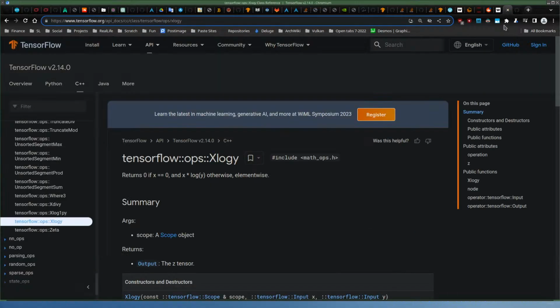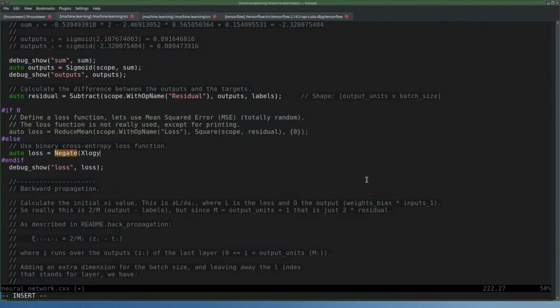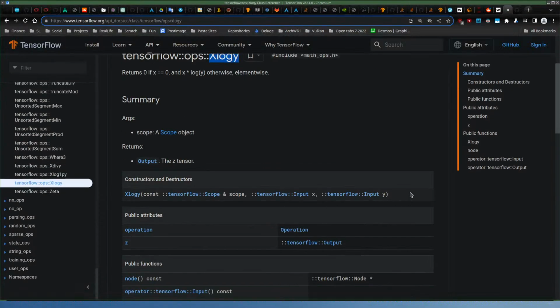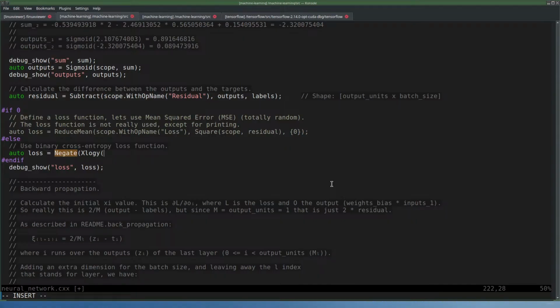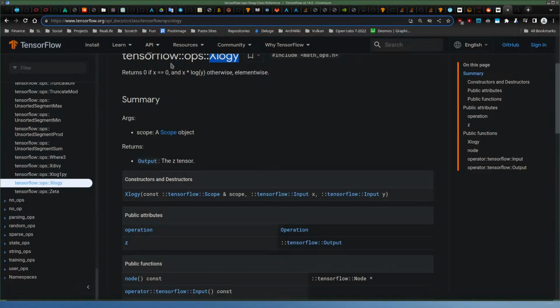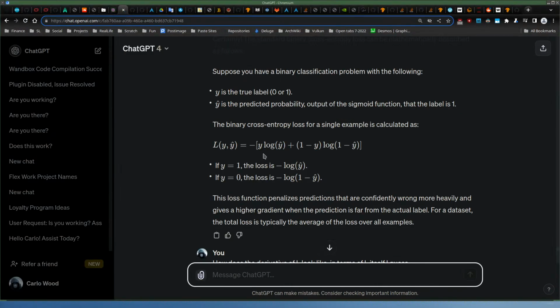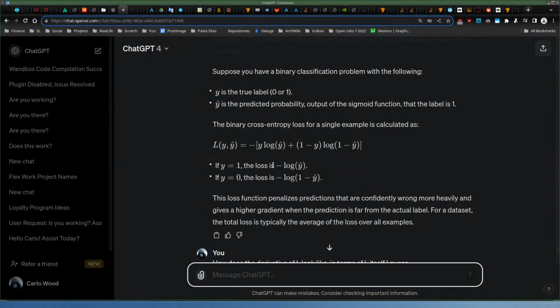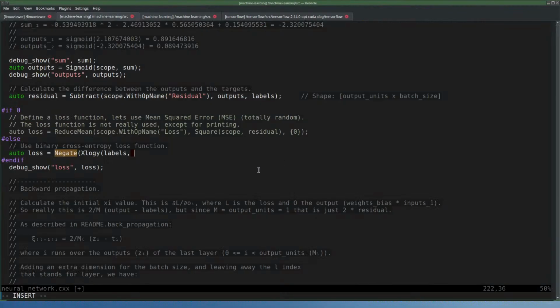What is the thing called? Just x log y. Two inputs, x and y. y is labels, and then the other one is the outputs.